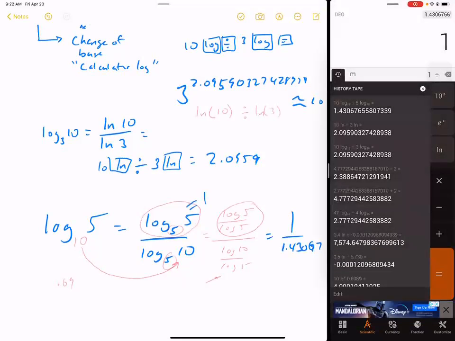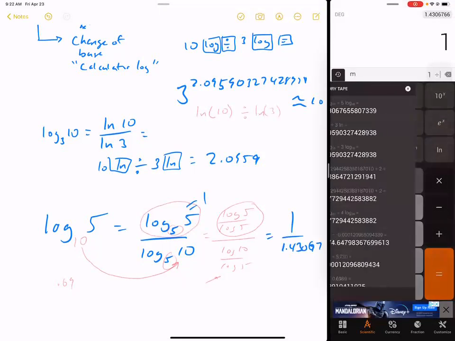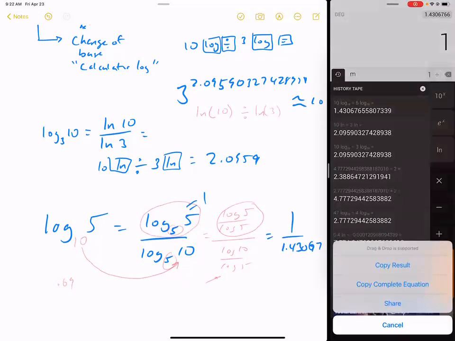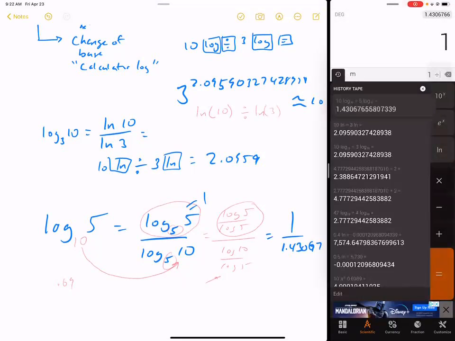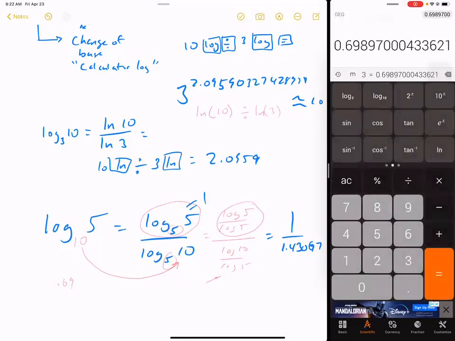Copy result. Oh, darn it, I was hoping I could just take that. Oh, it did work. All right, and we end up with the same answer, 0.669897. So it's our same answer.